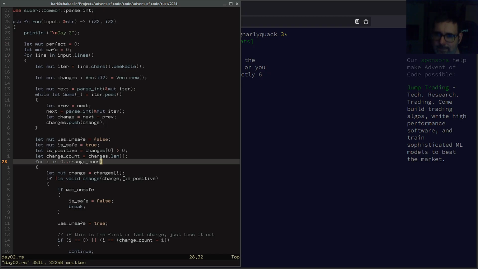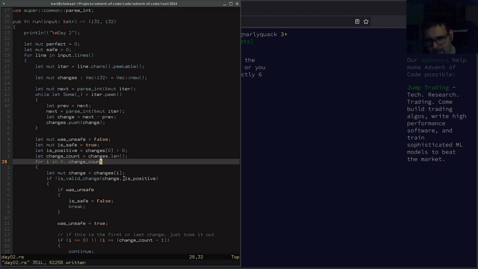Usually it seems like part two is similar enough, like the logic to get to it is close enough to part one. You just need to tweak it a little bit. I've kind of just been adding the solution to that.